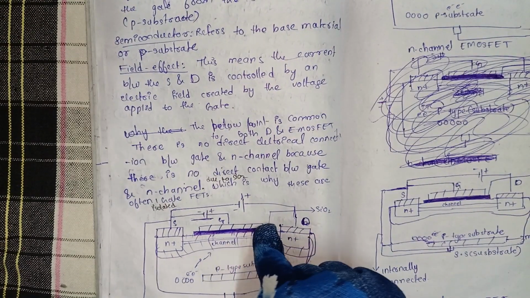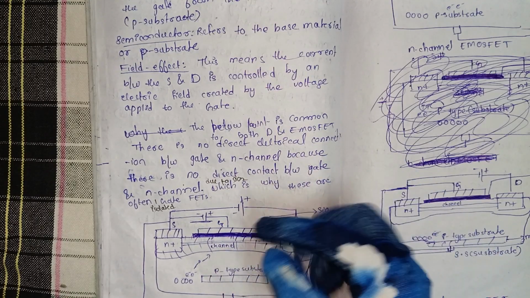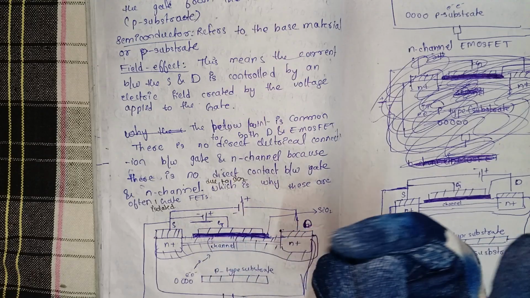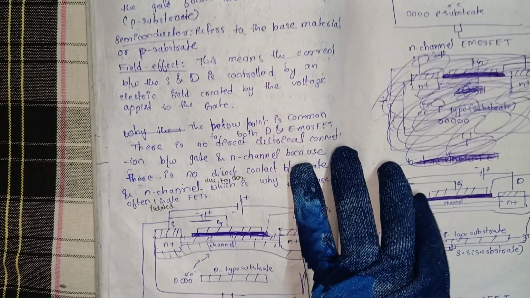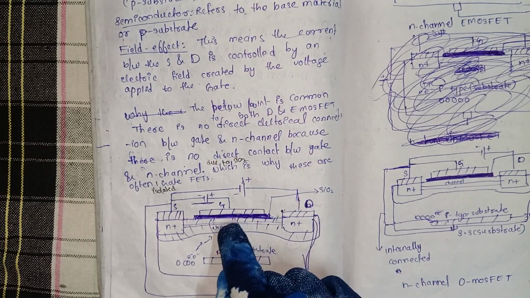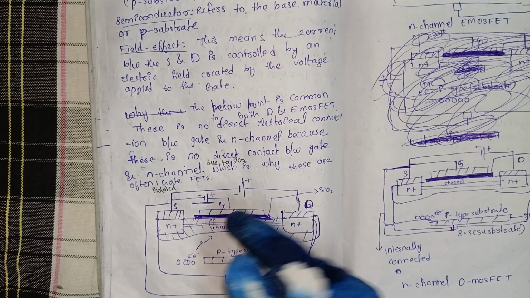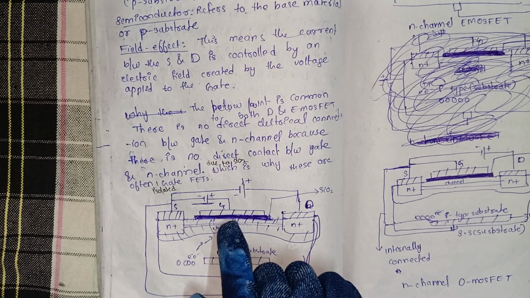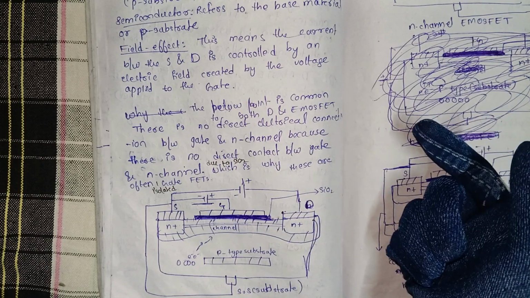So electrons are repelled into the p substrate. Here the electron-hole recombination occurs, and the area developed between this silicon dioxide and the channel is a depletion region, which is devoid of charge carriers, electrons.